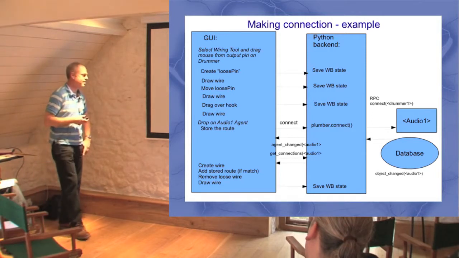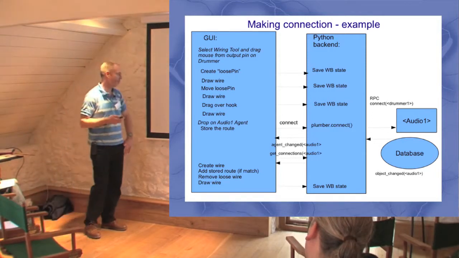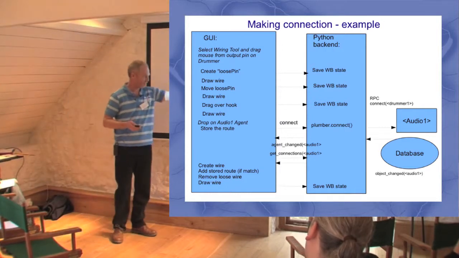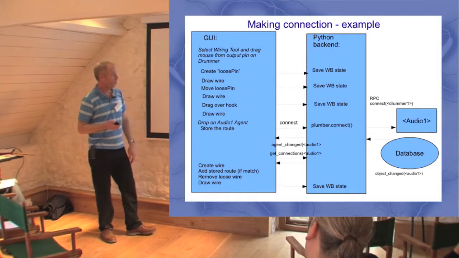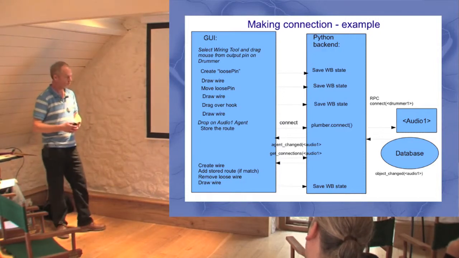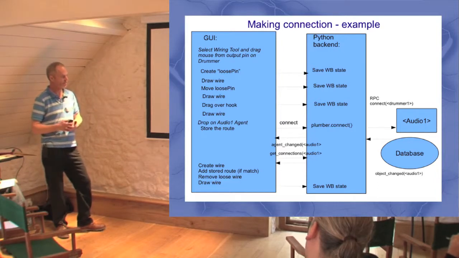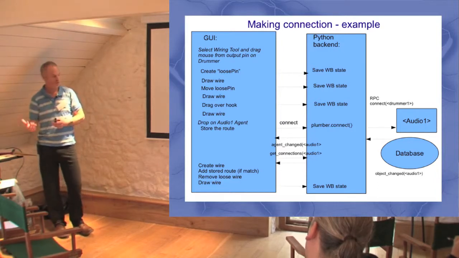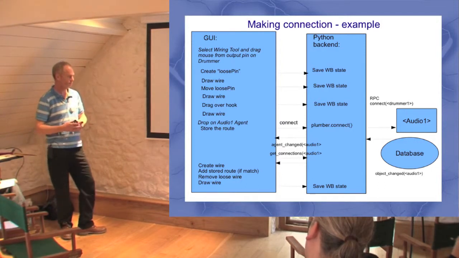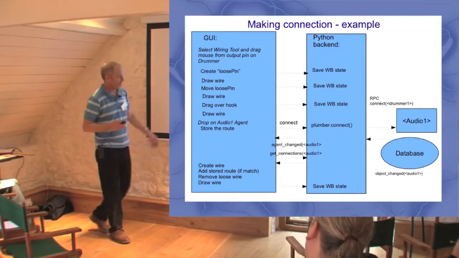If you drop that pin on some agent, we do this connect call, which is using the plumber code to do a connection. It's the same code that you would be using if you do a connection in the commander, telling something to connect to something else. So do that connection.